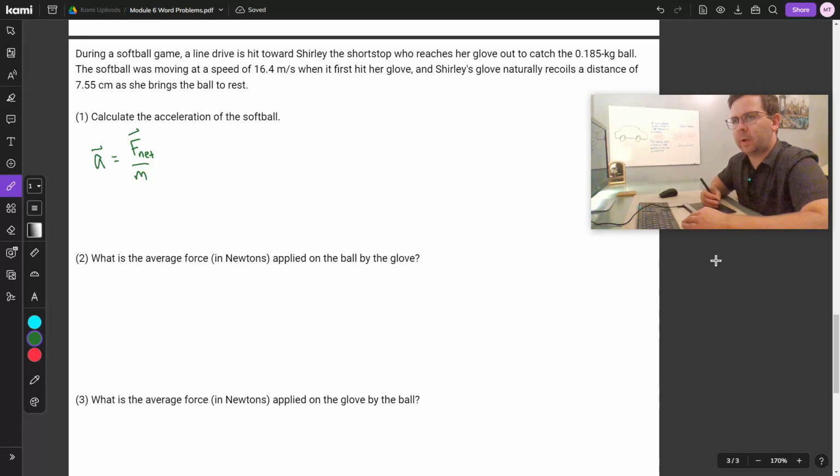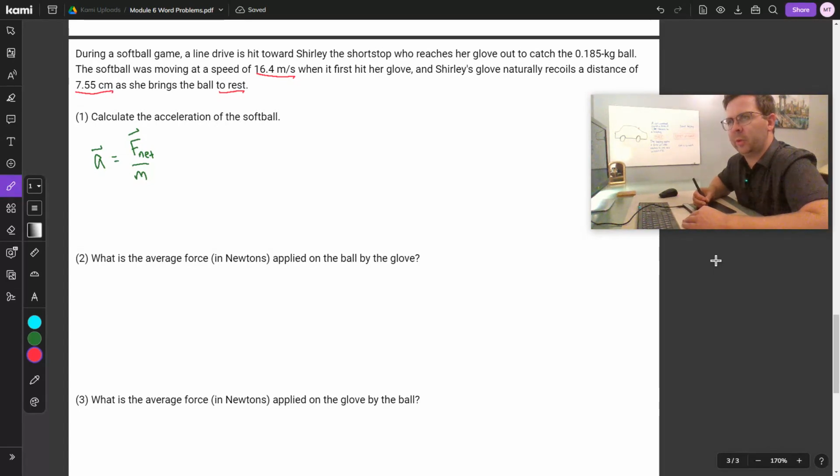So when I look back at the problem, I see some information here about the ball's speed before it started to slow down when it hit the glove. I see the ball came to rest at the end of its motion. And I also see that the ball and the glove travel a distance of 7.55 centimeters as it's being brought to rest.